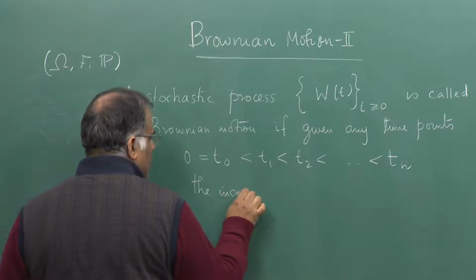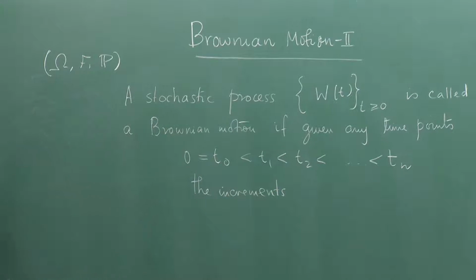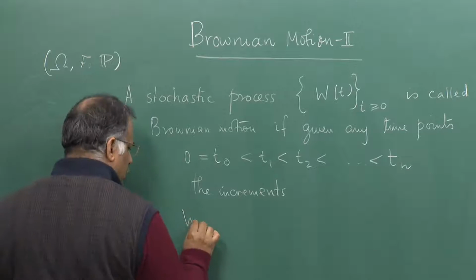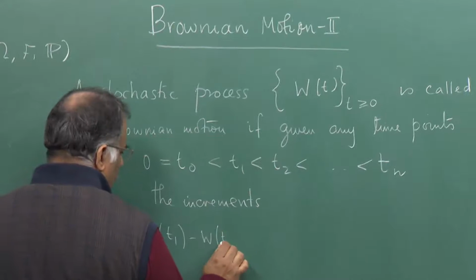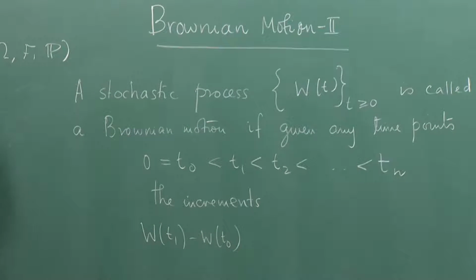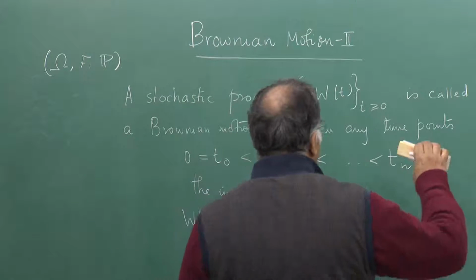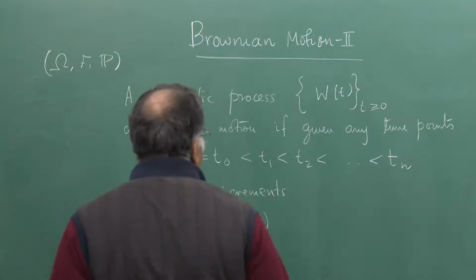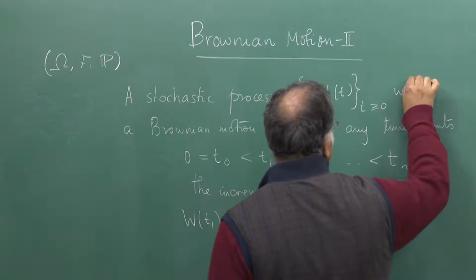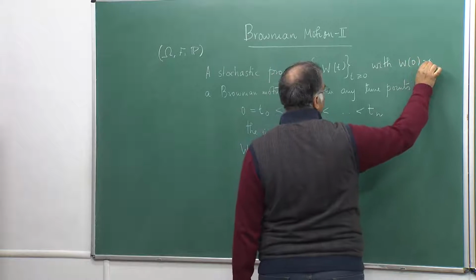The increments mean just like the way you have done increments in the symmetric random walk: Wt1 minus Wt0, where Wt0 is actually 0, W0 is 0. Just a minute, I think I should change it a bit. A stochastic process with W0 equal to 0.